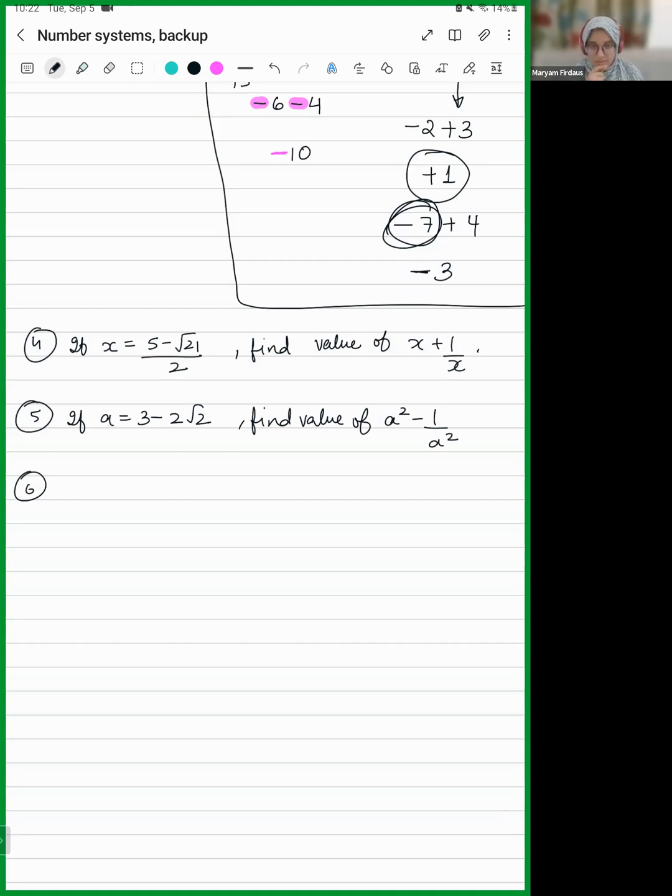Ma'am, we can do the 5th one in the class and the 6th one we can take as homework. Just a minute, let me write the 6th one.